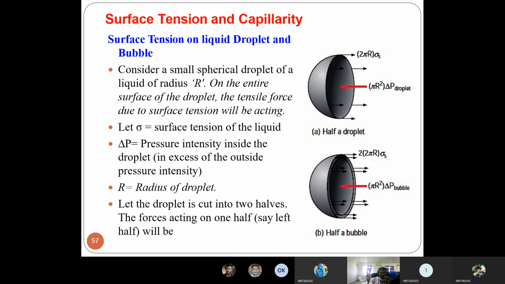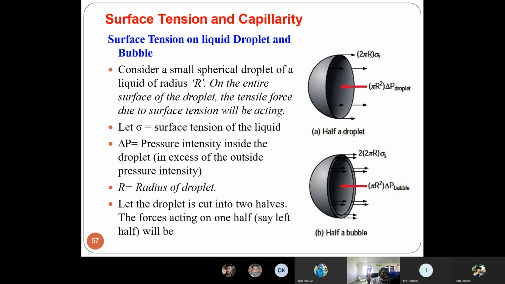Okay, consider a small spherical droplet of a liquid of radius r. On the entire surface of the droplet, the tensile force due to surface tension will be acting. See, we are cutting the droplet into two halves and considering one half.